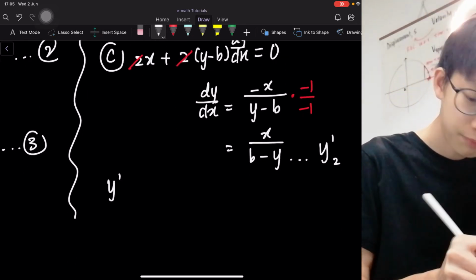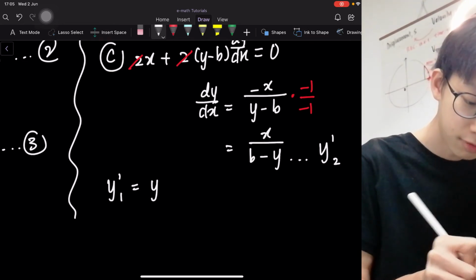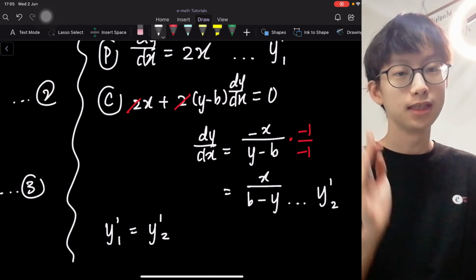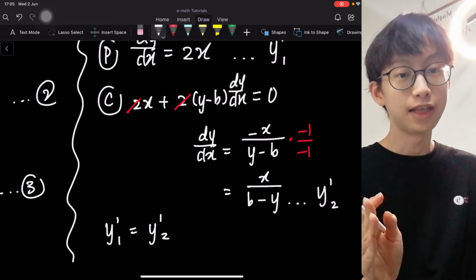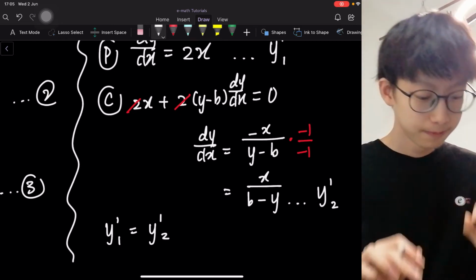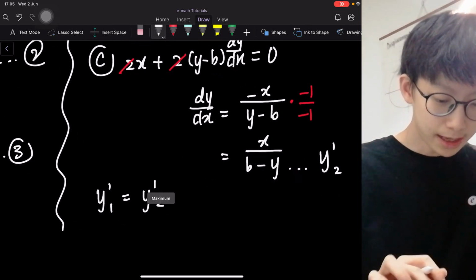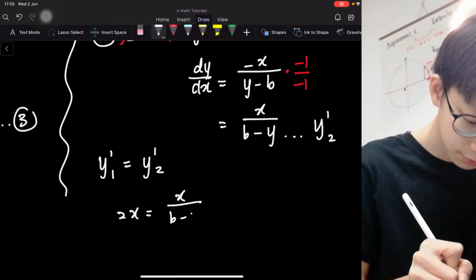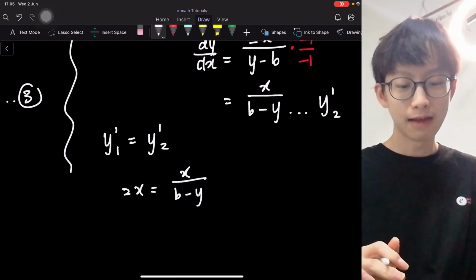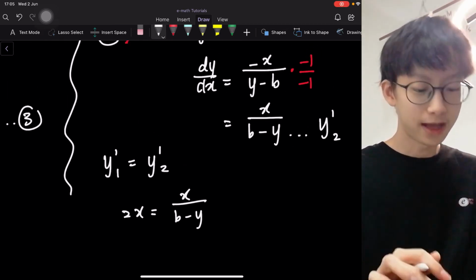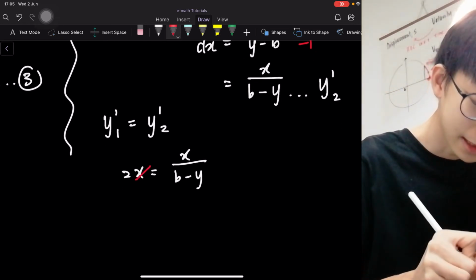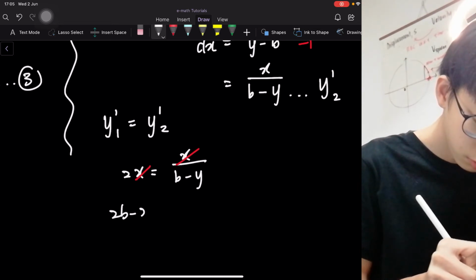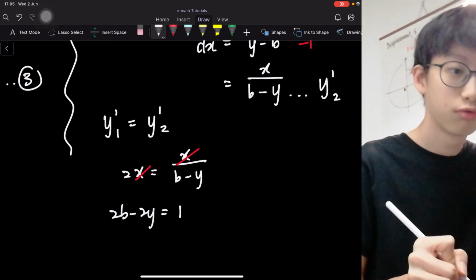Since y prime 1 equals y prime 2 as established above, we said that they have the same equation of tangent at those intersection points, right? So we can say that 2x equals x over b minus y. And I think you know why I want to have a positive x, because I want to directly cancel out my x here. So 2b minus 2y equals 1.